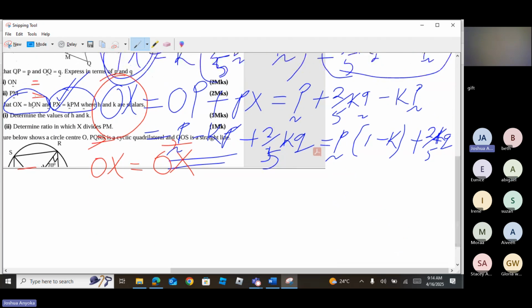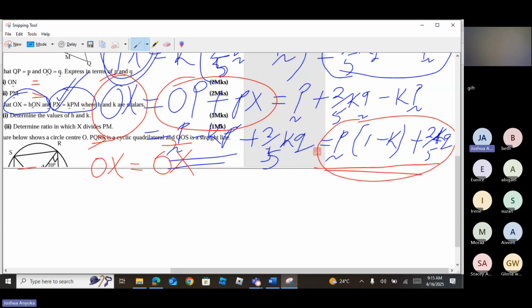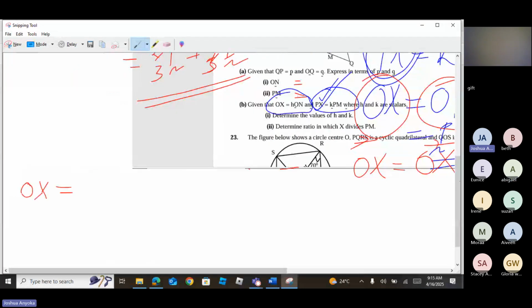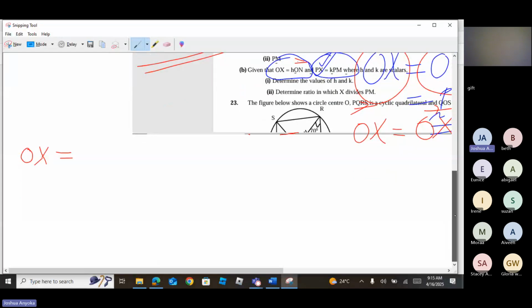I also wanted another OX, it is here. We are done with this one. We have interpreted until we have two ways. One OX, another OX. Now that you have seen them, give me the first OX, the one that has H. What is it?